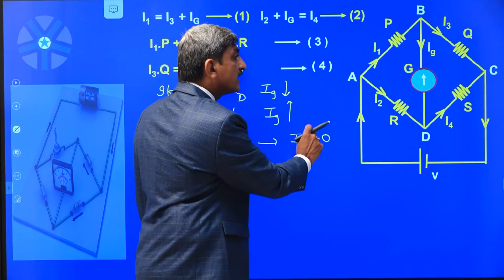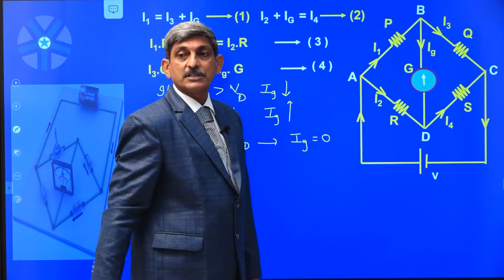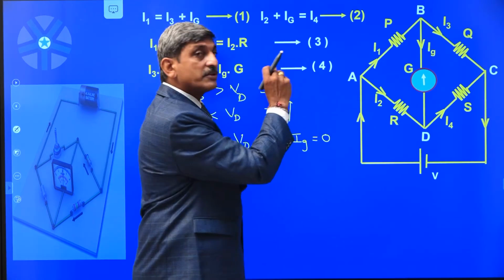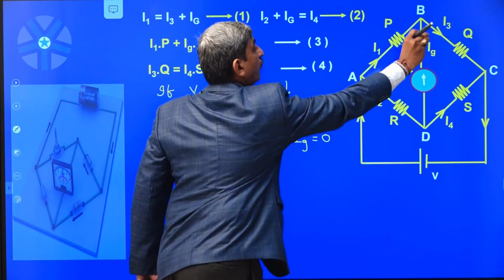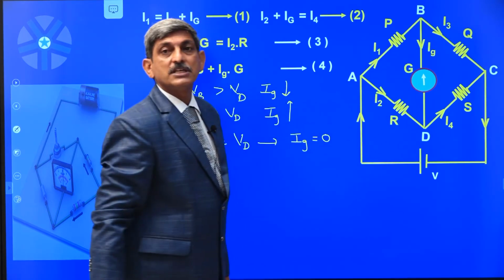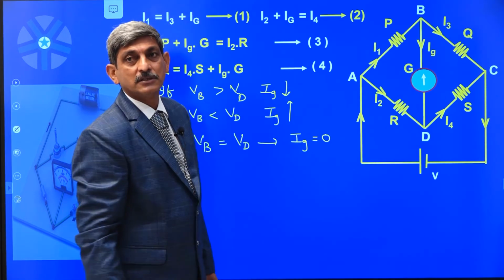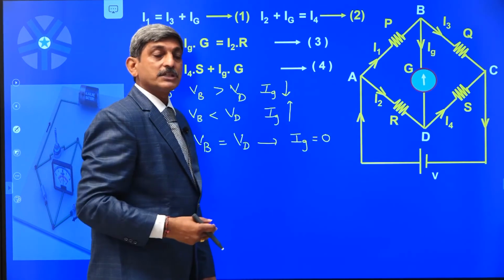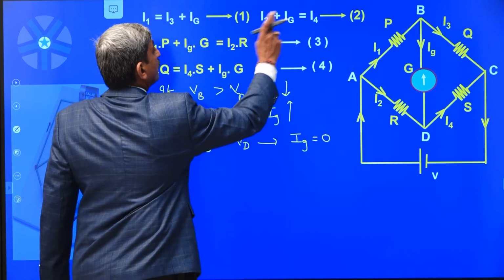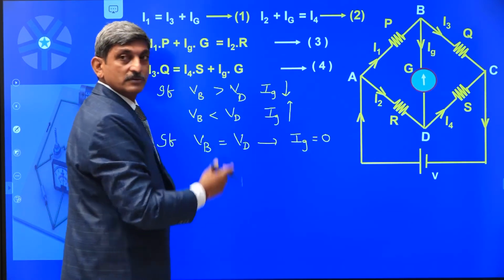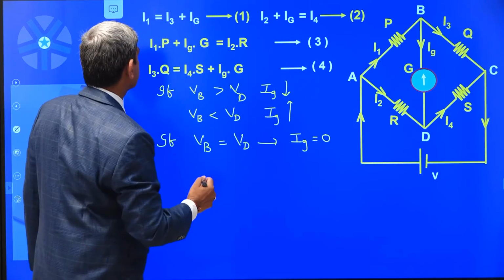Under this balancing condition, the scientist Wheatstone derived a formula between the 4 resistor values used in the electrical network. To derive that equation, let us substitute Ig is equal to 0 in equations 1, 2, 3 and 4. So the equations can be rewritten.